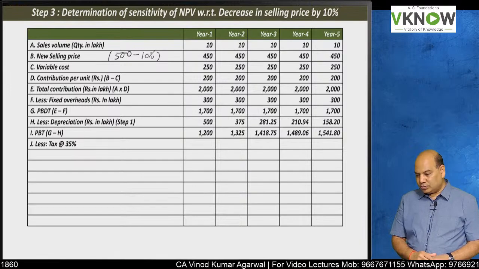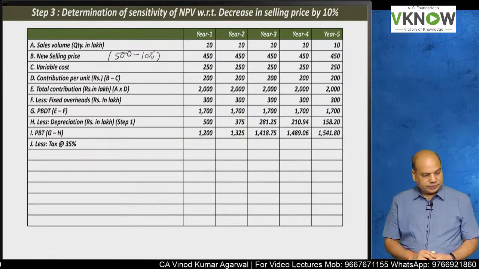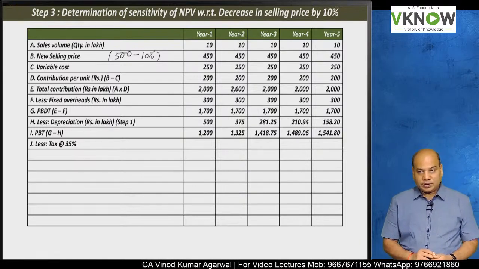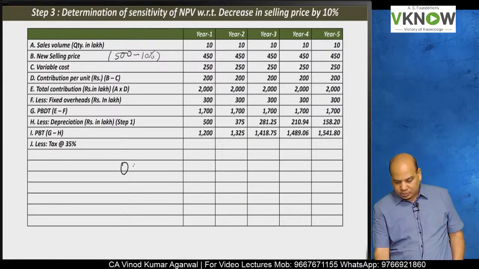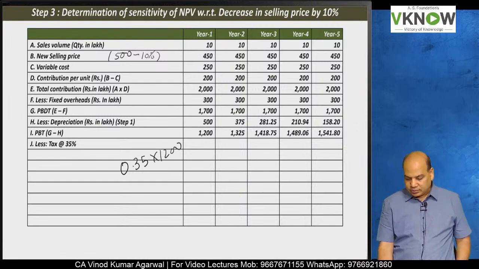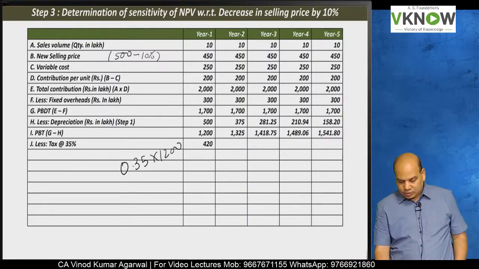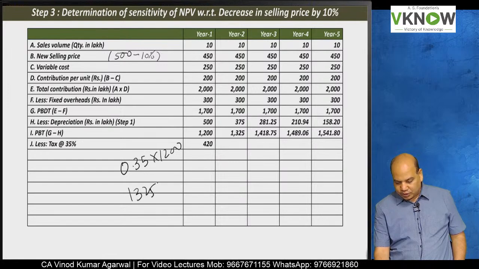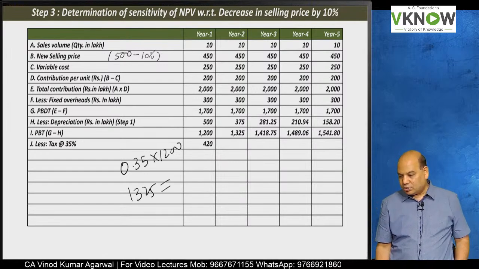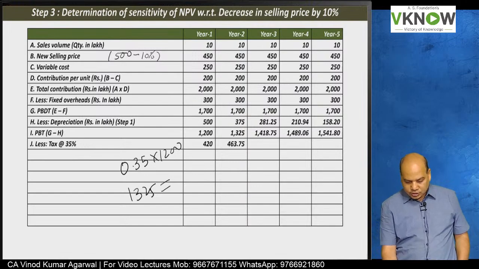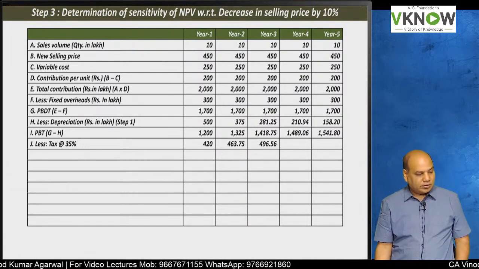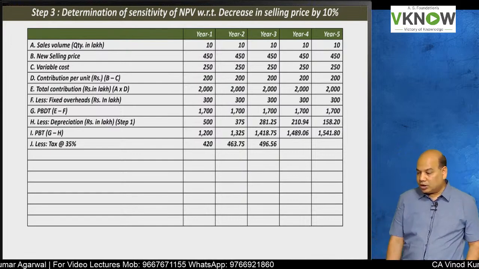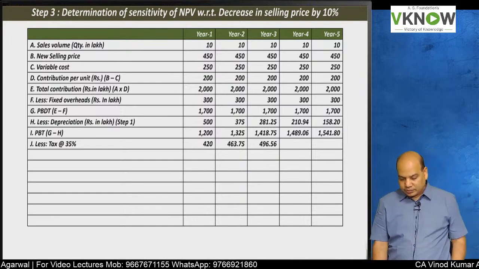Then we'll compute tax at 35%. First number, take 0.35 into 1200, that is 420. Now just type 1325 and press equal to: 463.75. Next one, 496.56.